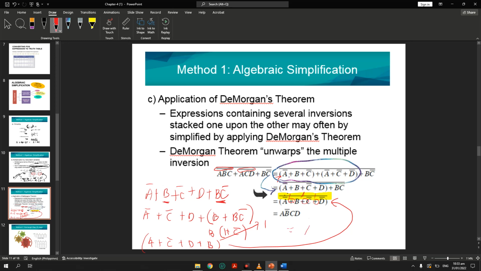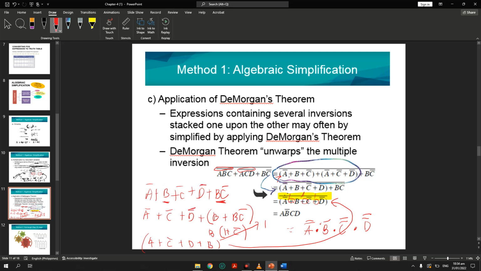Breaking the bar, it becomes A double bar, then times, because we change the sign, B bar times C double bar times D double bar. Do we have a D bar?